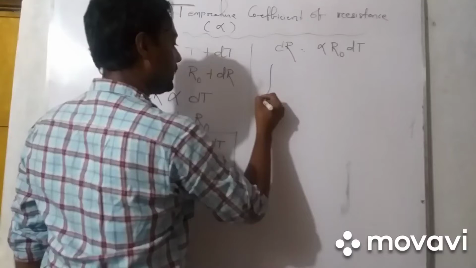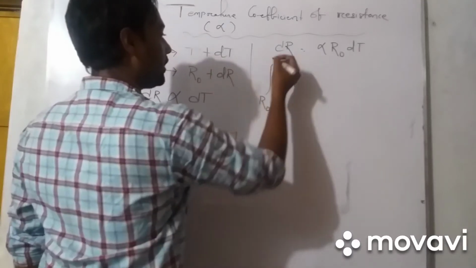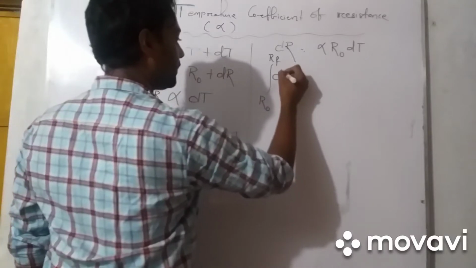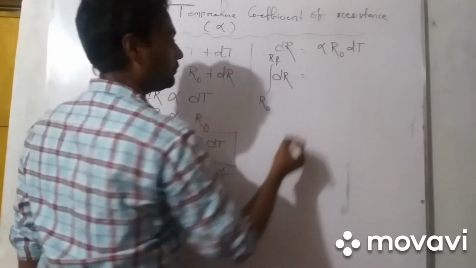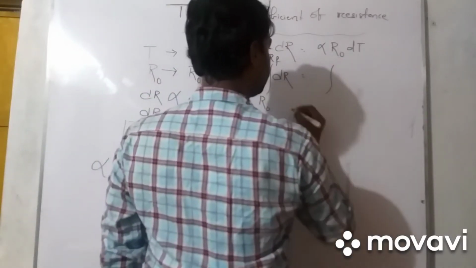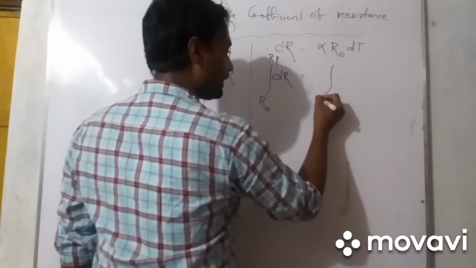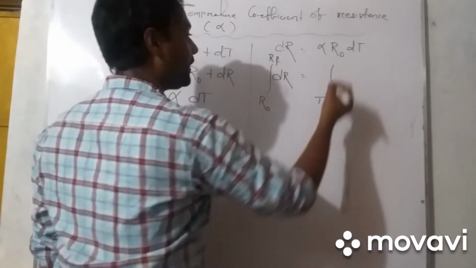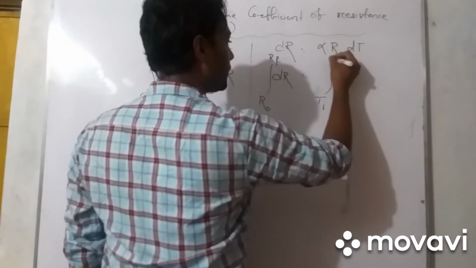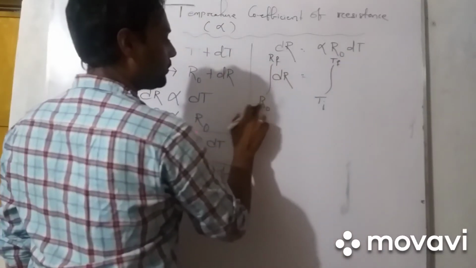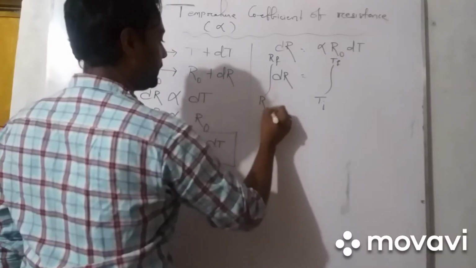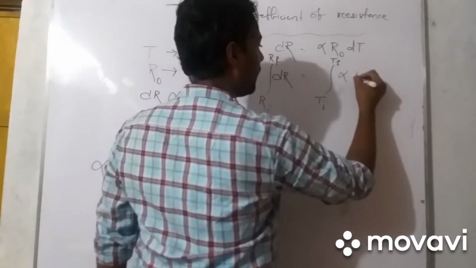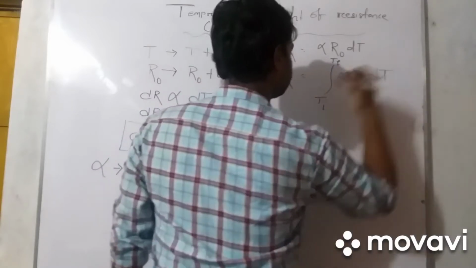Here initially the resistance is R0, the final resistance is Rf, and the integration of dR is equal to the integration of alpha R0 dt, where the initial temperature is Ti and the final temperature is Tf. Suppose R0 can be represented as Ri. Clear?